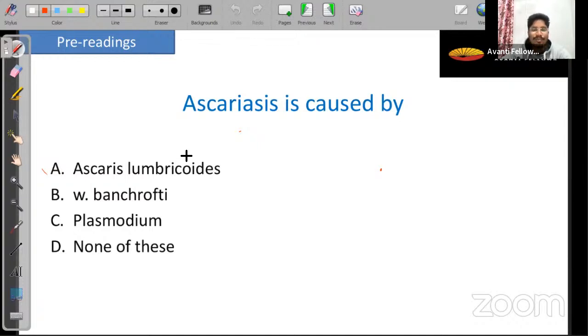Everyone can be affected, anyone can get it, but in general which group is it? And the second question is which part of our body is mainly affected? Where do these Ascaris lumbricoides survive in our body? Any answer? Let me know in the chat box.